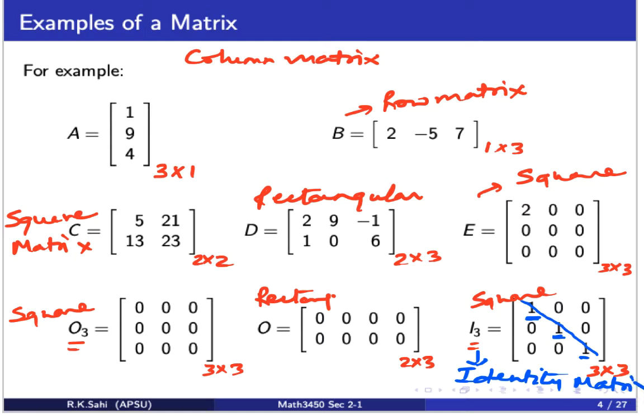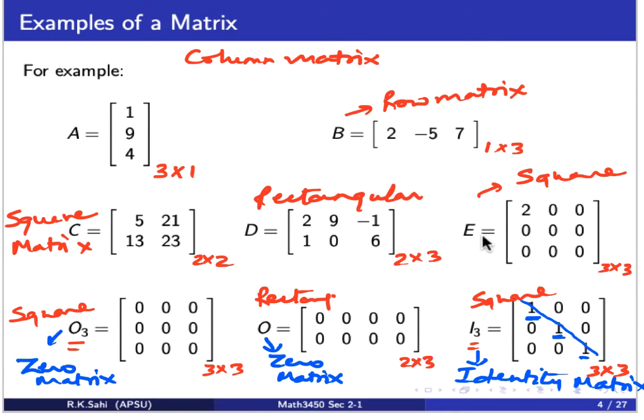In that same scenario, O3 is a zero matrix. If you see a zero matrix, it is basically saying every element inside is a 0, and even O is a zero matrix. The only difference between O3 and O is that one is rectangular, the other is square.